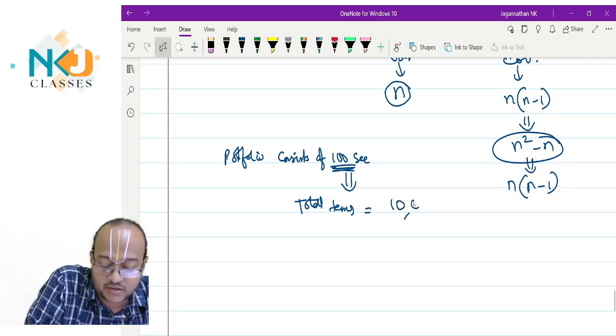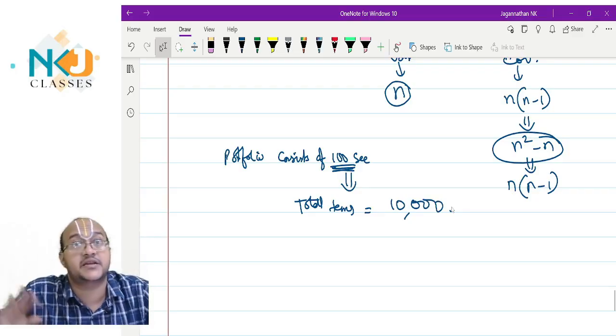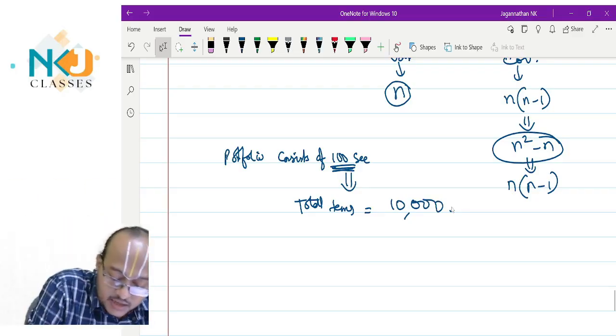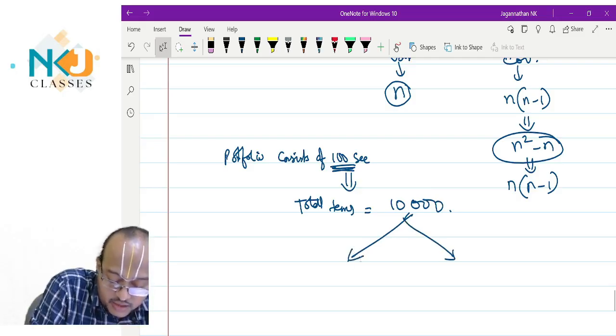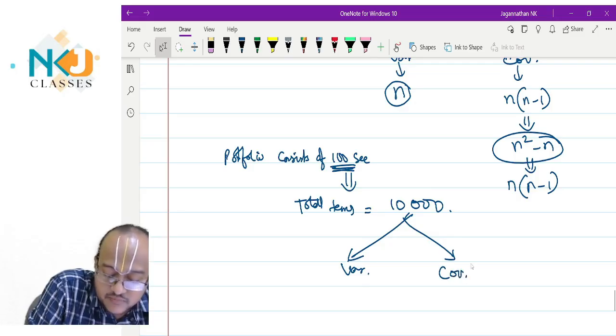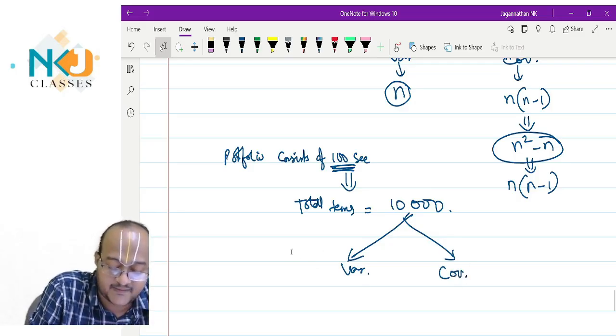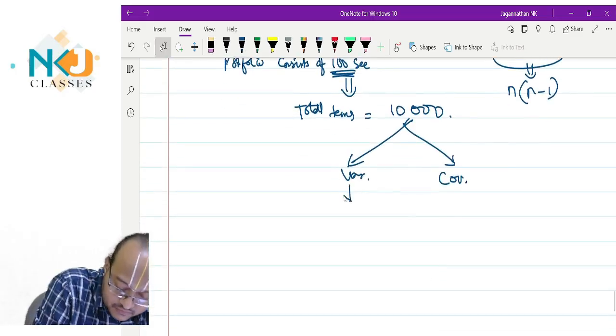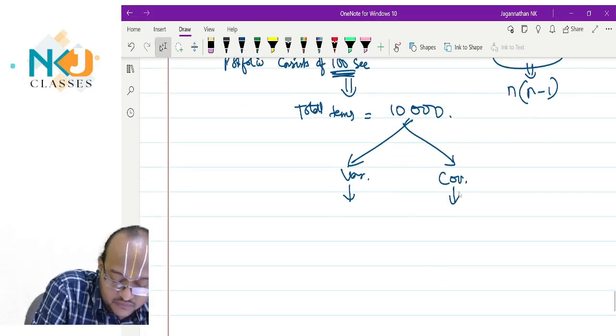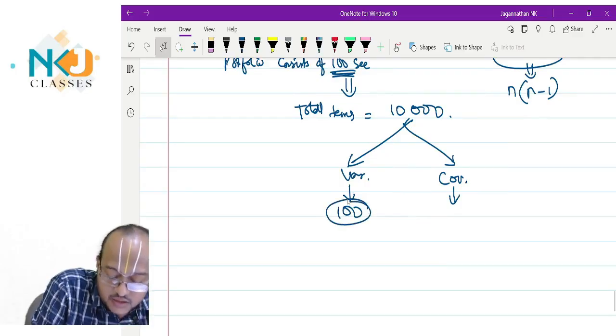Exactly. 10,000 boxes will be there in the matrix. Out of this 10,000, tell me how many variance terms and how many covariance terms will be there. Variance: 100. Exactly. Now covariance, tell me. 9,900.